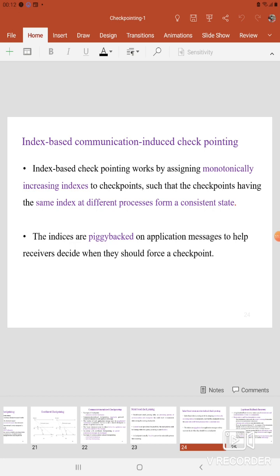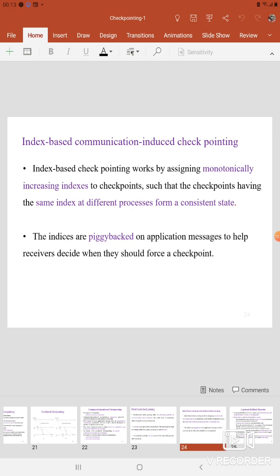So the checkpoints having the same index at different processes form a consistent state. For example, if Pi takes the first checkpoint, it is noted as Pi1. The same index is used by the other process Pj also. When Pj takes the checkpoint, it is denoted as Pj1. So the indexes are the same, so they form a consistent state.